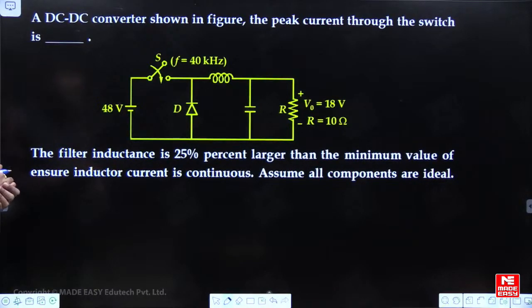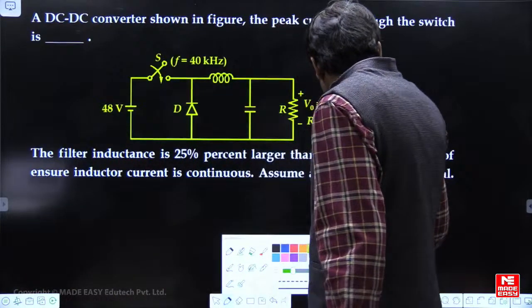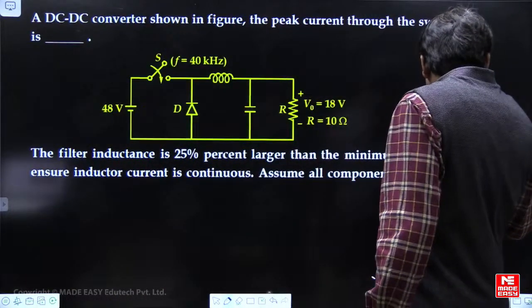So we have to find out the peak current passing through the switch. The filter inductance is 25% larger than the minimum value to ensure inductor current is continuous. There is a small printing mistake here.